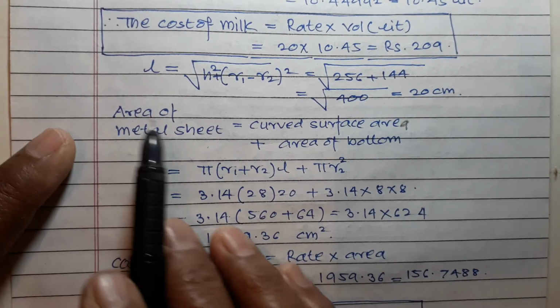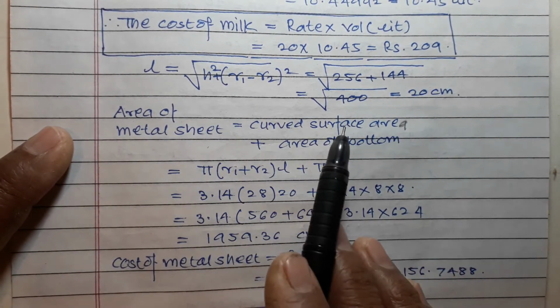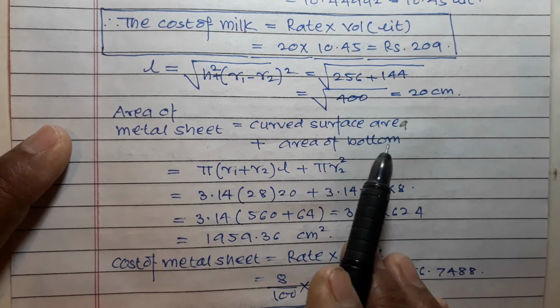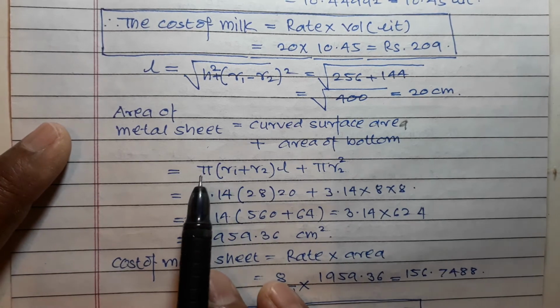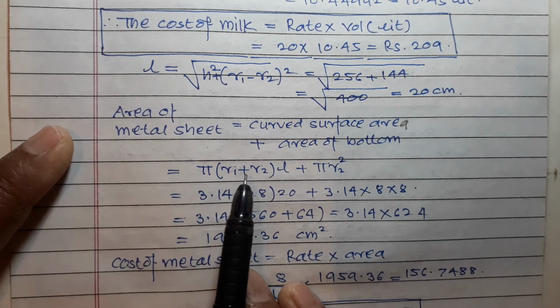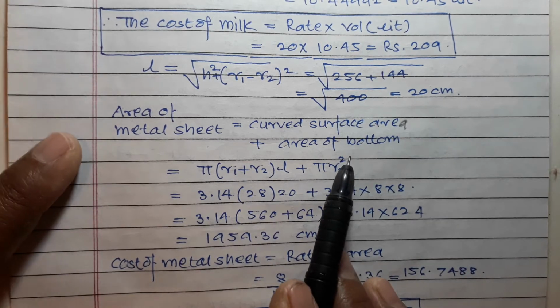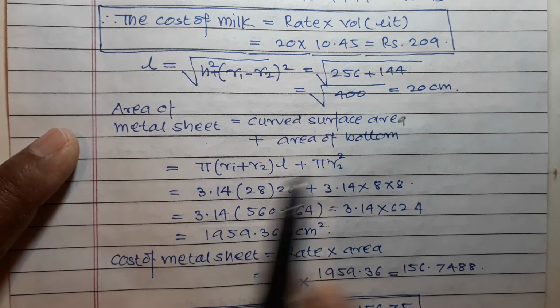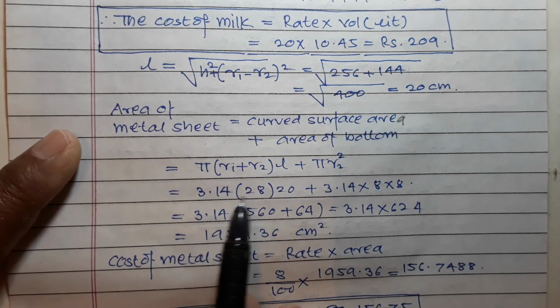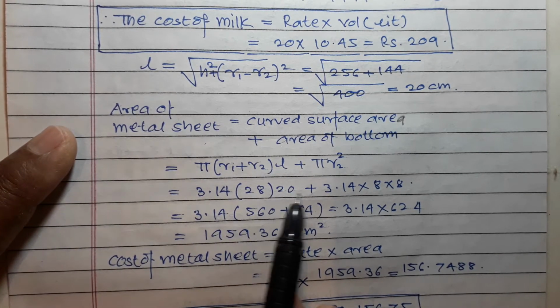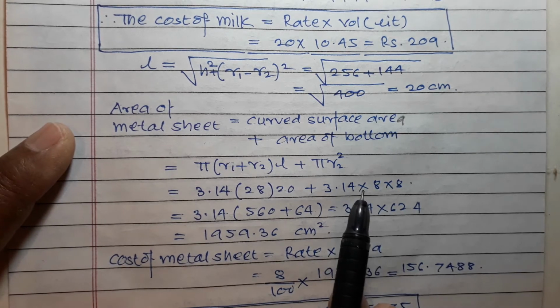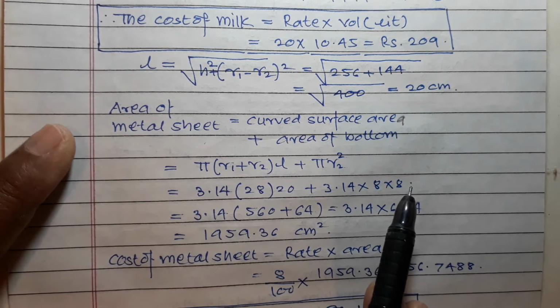And therefore area of metal sheet is equal to curved surface area plus area of bottom, so it is equal to pi into (R1 plus R2) into L plus pi R2 square.